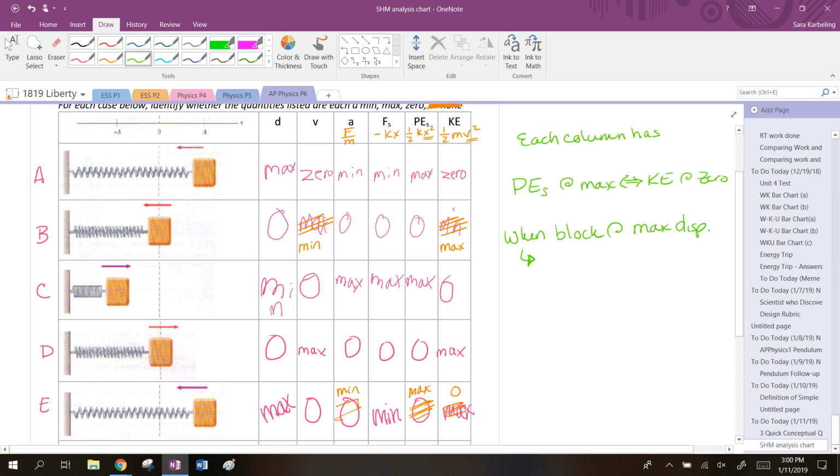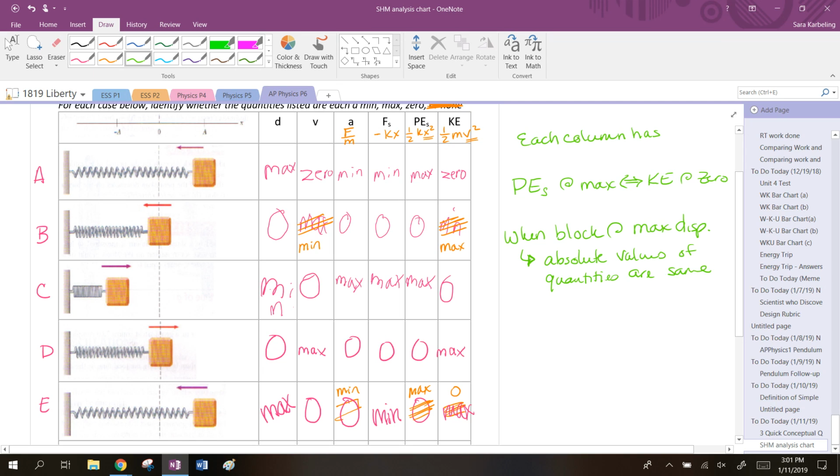Pretty much the absolute values of the values are the same. Is that fair? Yeah. Absolute values of the quantities are the same. Cool.